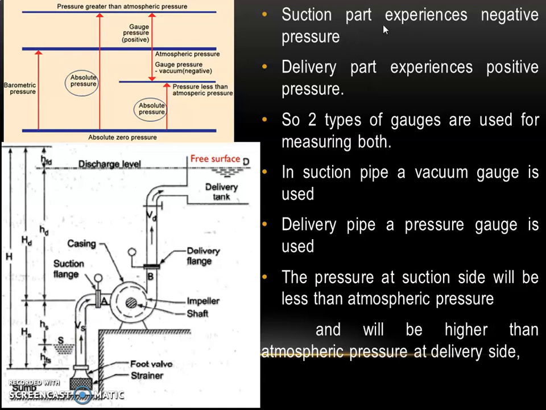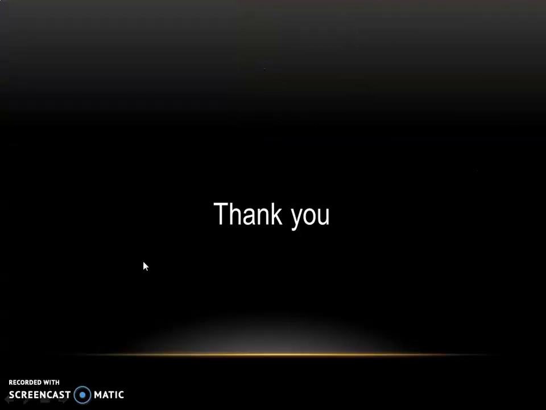So the suction part experiences negative pressure and the delivery part experiences positive pressure. So two types of gauges are used for measuring both. In the suction pipe, a vacuum gauge is used, and in the delivery pipe, a pressure gauge is used. The pressure at the suction side will be less than atmospheric pressure, whereas it will be higher than atmospheric pressure at the delivery side. Thank you.